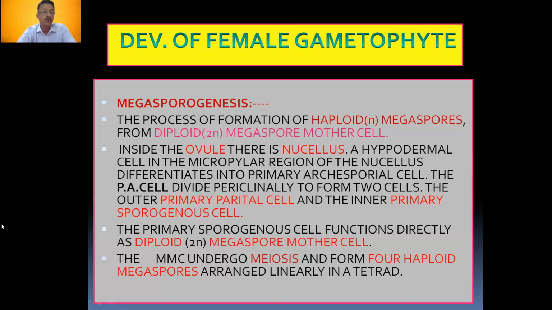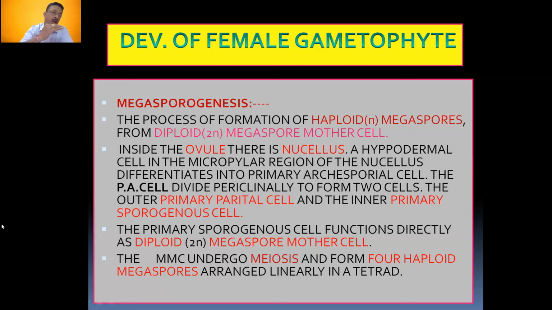The primary archesporial cell divides periclinally into two cells. The outer cell will be called primary parietal cell, and the inner cell is the primary sporogenous cell.